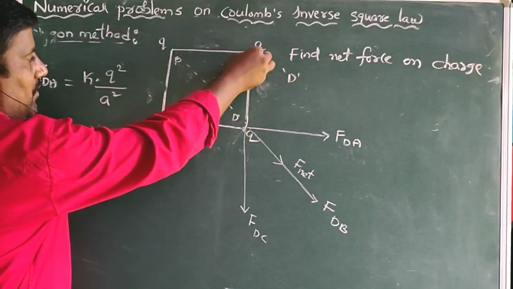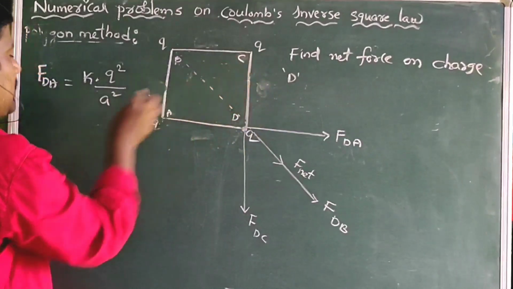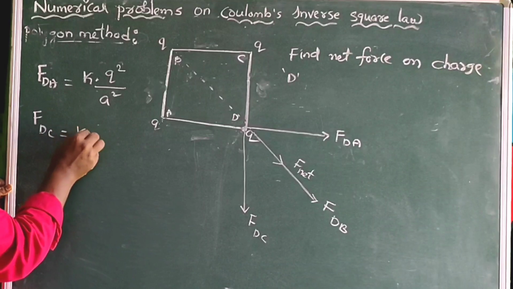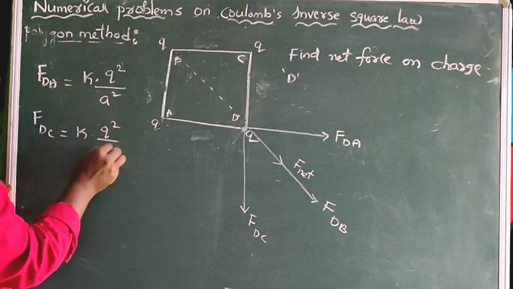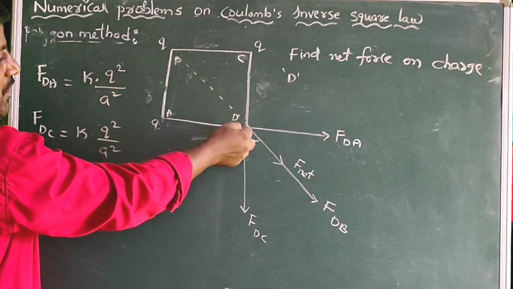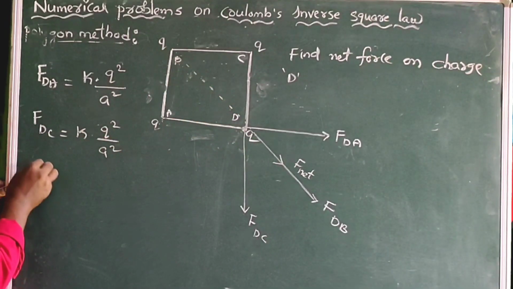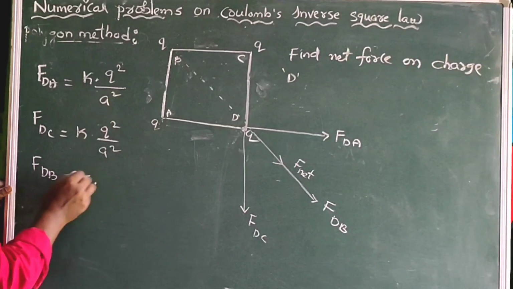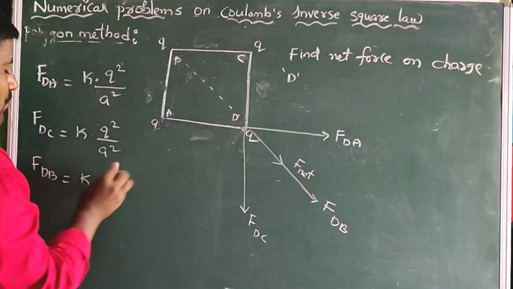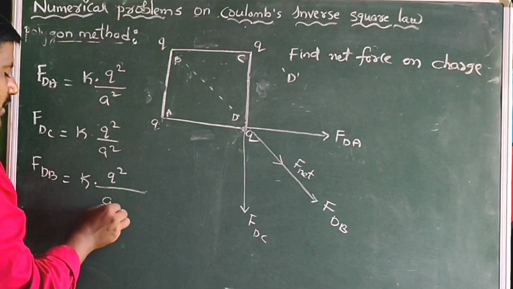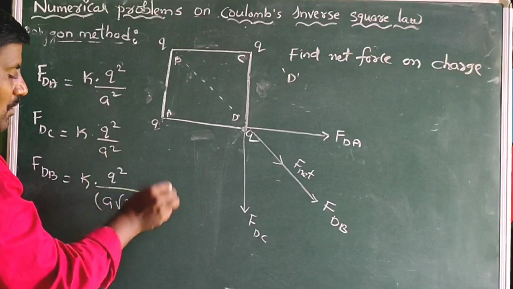In the same way, the force on D due to the charge C, FDC, is equal to K Q square by A square. On charge D due to charge B, the force FDB is equal to K into Q1 Q2, that is Q square, by the distance A root 2 whole square.